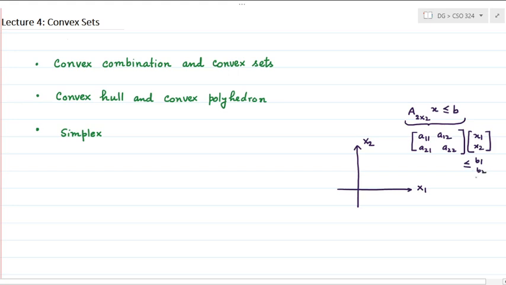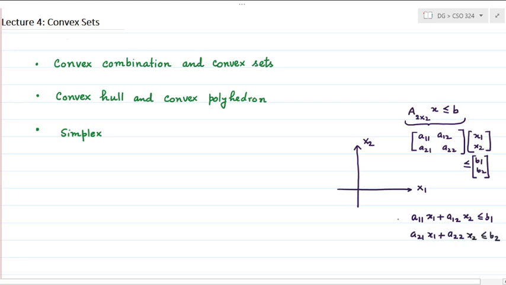And therefore this inequality is component-wise. That means this inequality is equivalent to a11 x1 plus a12 x2 less than or equal to b1, a21 x1 plus a22 x2 less than or equal to b2.